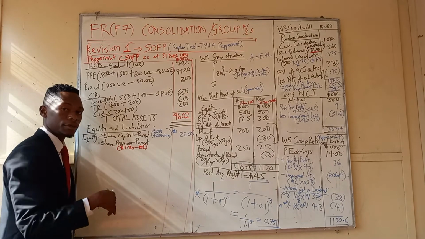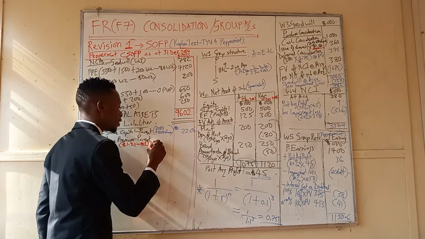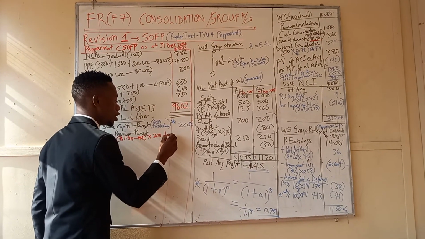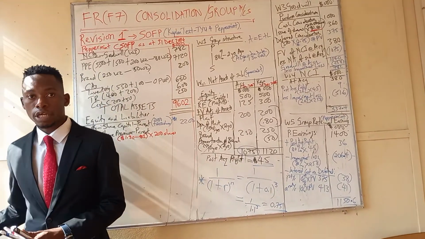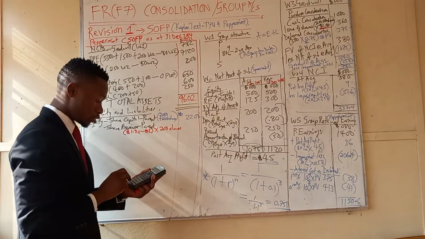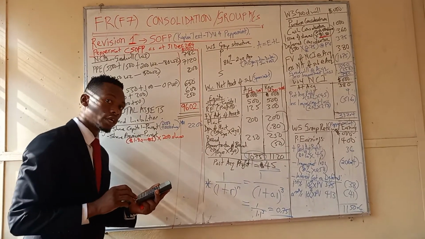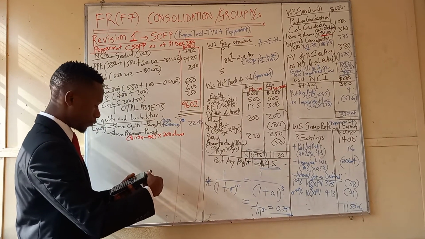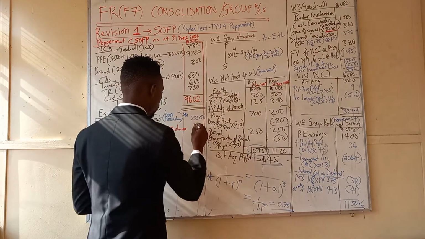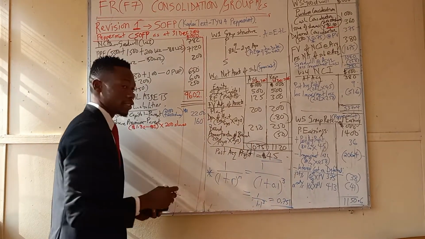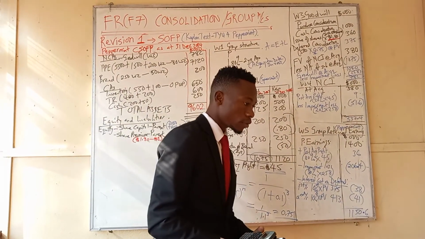So the difference is the premium multiplied by the number of shares that were issued, the 200 shares. So the difference multiplied by the 200 shares, we have 160. That is share premium, right?